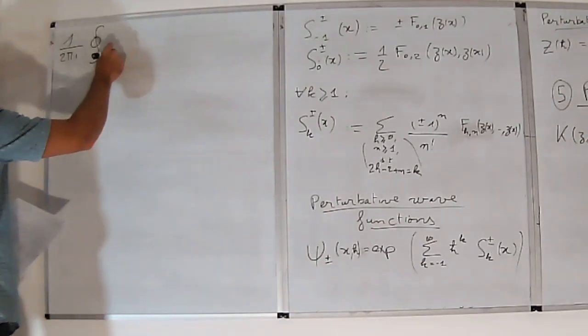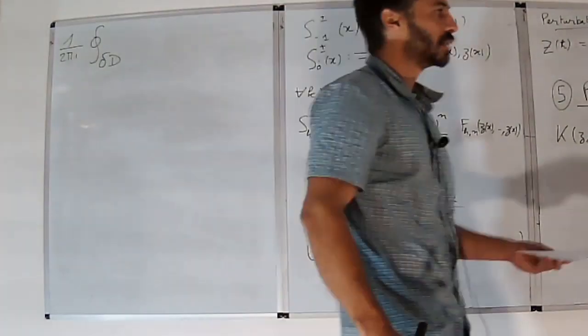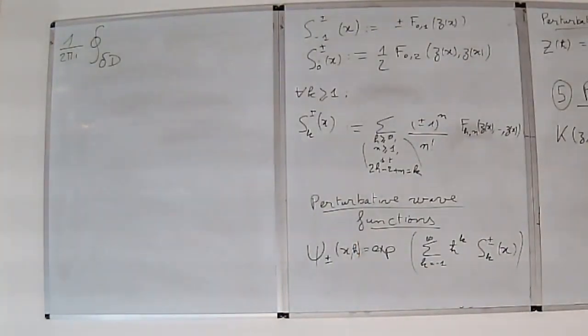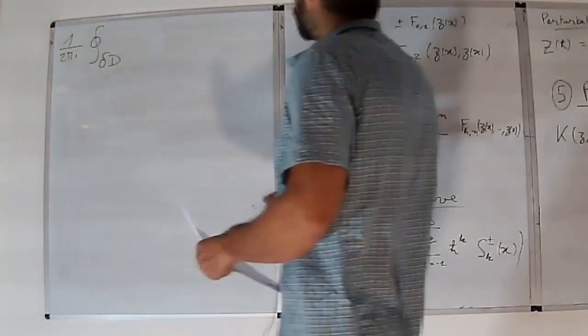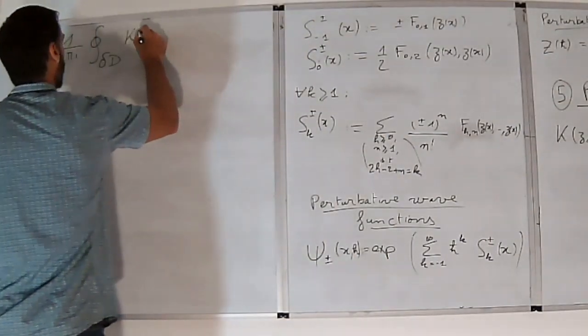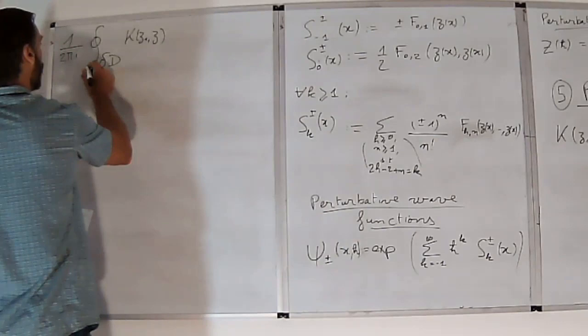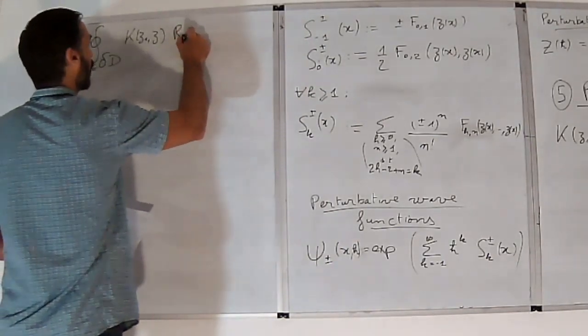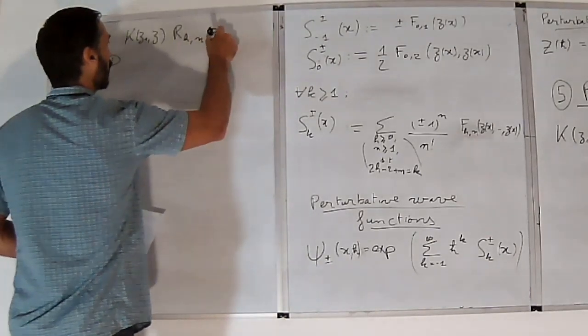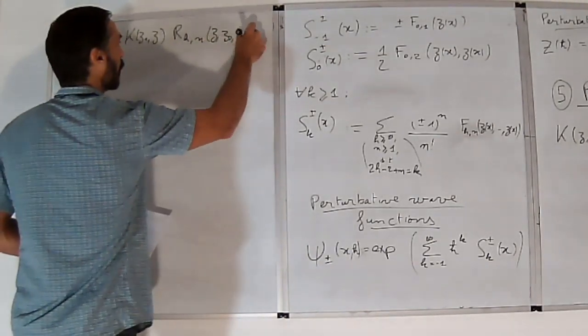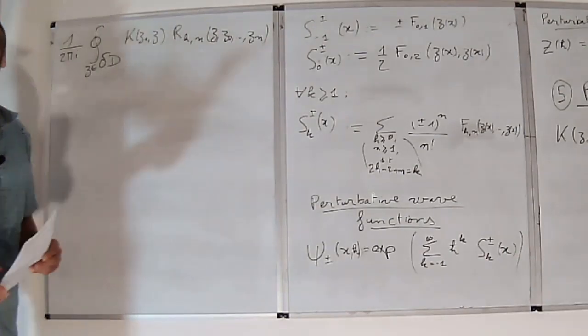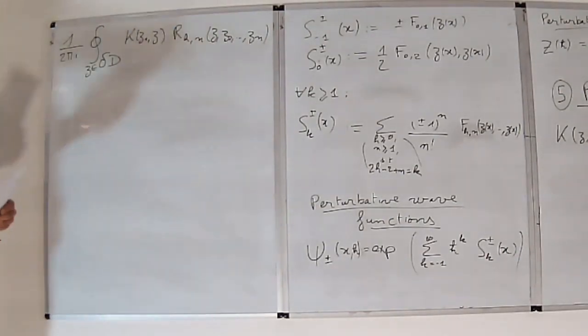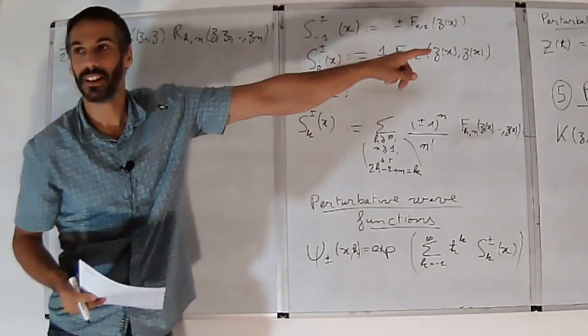I integrate along the boundary of my fundamental domain D. And I integrate K of Z1, Z, times R^h_n of Z, Z2 up to Zn. R^h_n is what I define there.